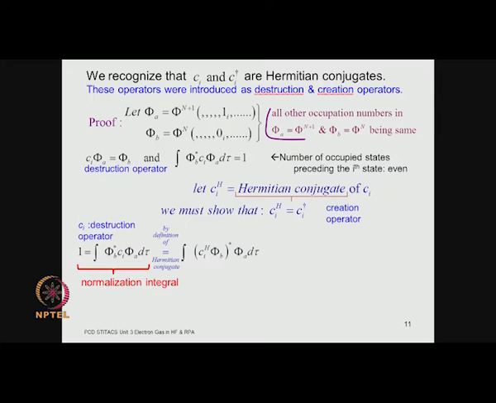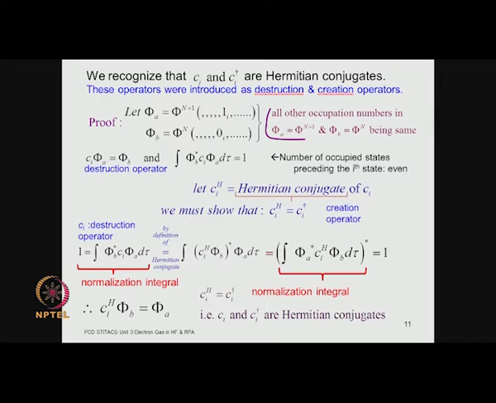So, you get Ci(h) phi B complex conjugate phi A, and this integral is nothing but the complex conjugate of the integral of the corresponding complex conjugates. So, you have phi A star and then Ci(h) phi B, and this is the corresponding normalization integral, and this tells us that this Ci(h) operator must be nothing but Ci dagger. So, we know that what were introduced as creation and destruction operators are actually Hermitian conjugates of each other.